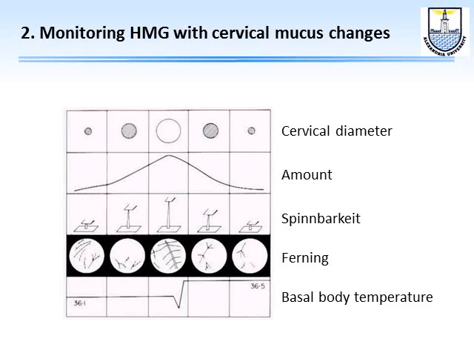The other method was to use cervical mucus, and these are the changes which we know happen during this cycle. As you can see, towards the middle of the cycle, the cervical diameter is a little bit open. The amount of mucus is higher. Spinnbarkeit is present.